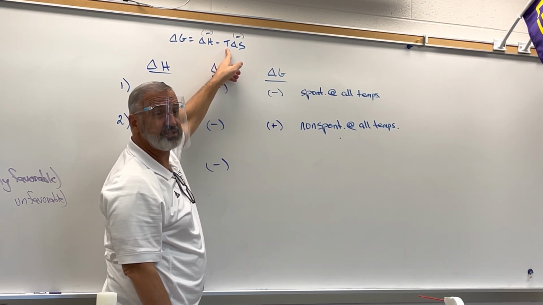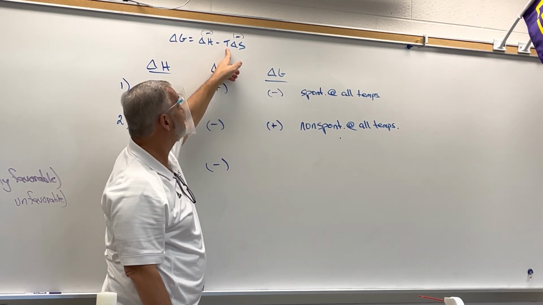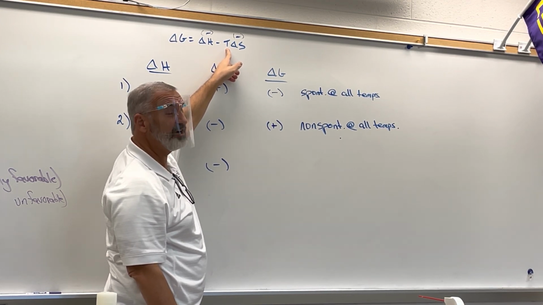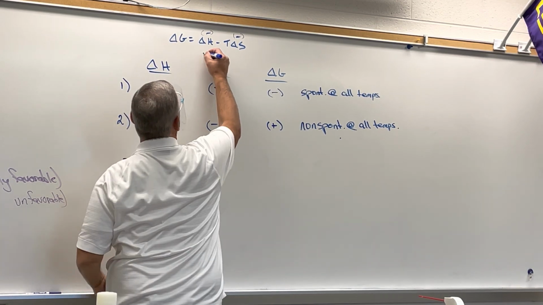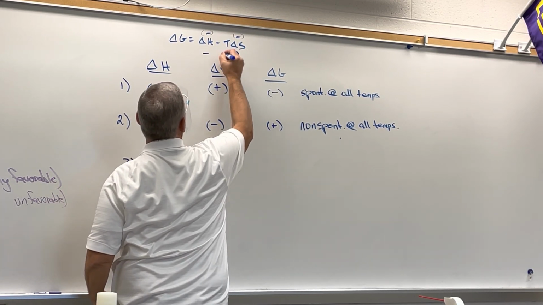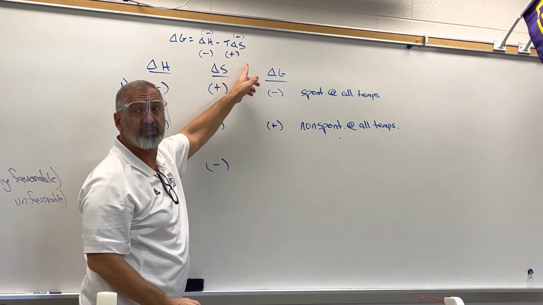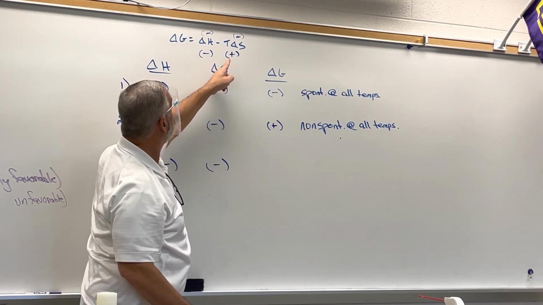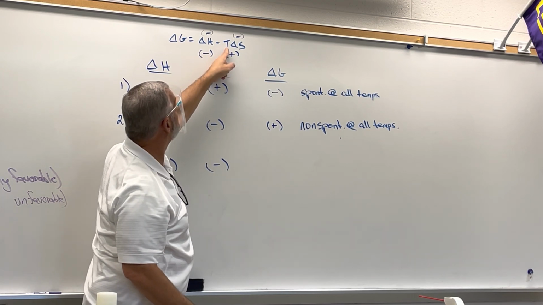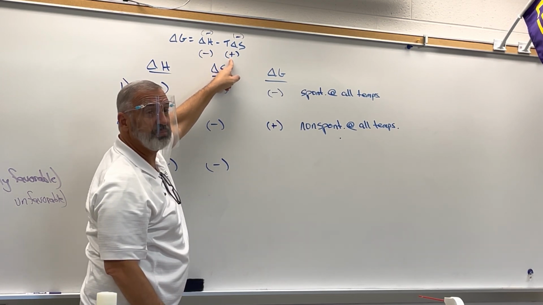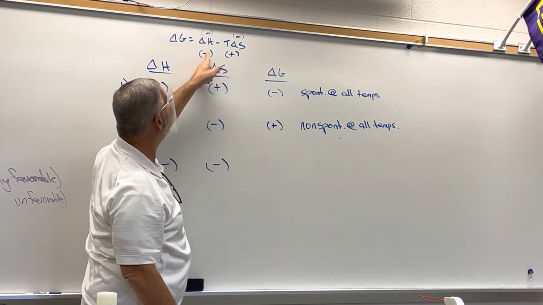So this one is going to be a temperature dependent reaction. Okay? Now let's talk about, is the temperature going to be high or low? Well, this is really going to be a minus and a plus, right? Because when you do the minus and the minus, it turns it into a plus. So, if the temperature gets bigger and bigger, this term is going to get bigger and bigger, right? So at some point, this term gets bigger than this term.